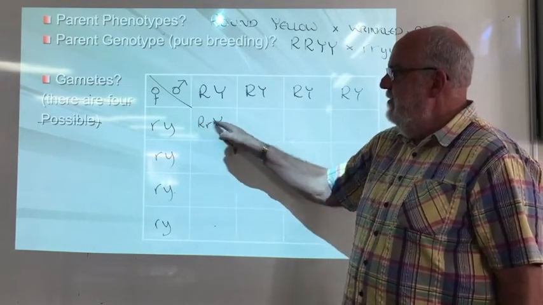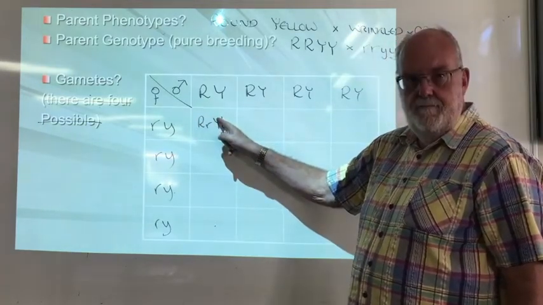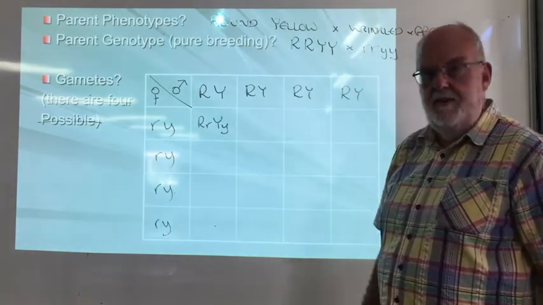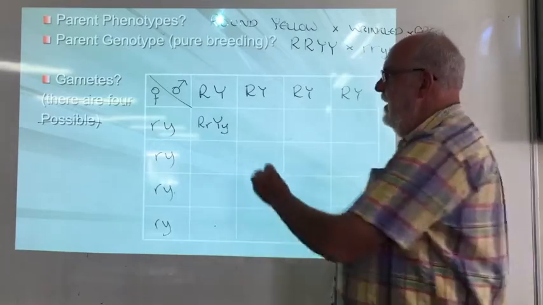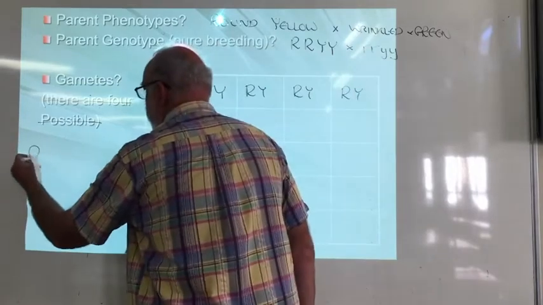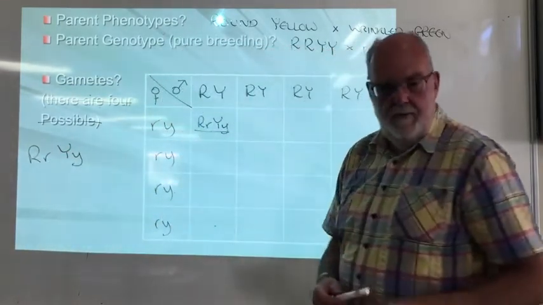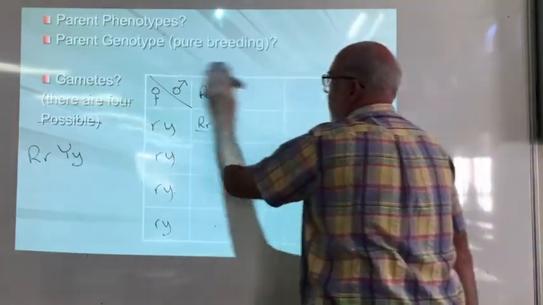So they are heterozygous, but they are round and yellow. Now, the only thing you need to carry forward to the next diagram, showing the F2 generation, is this. So we'll put that over here. And then rub everything else out, and start again.